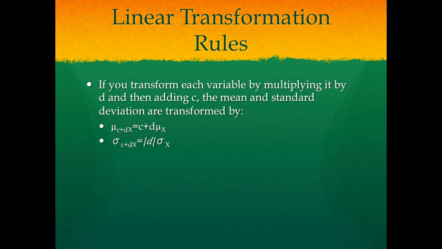One thing, though, that you need to keep in mind is, say that you transformed the variables in some way, that you multiplied it by a certain number and then added another number to it. So let me give you an example of that.